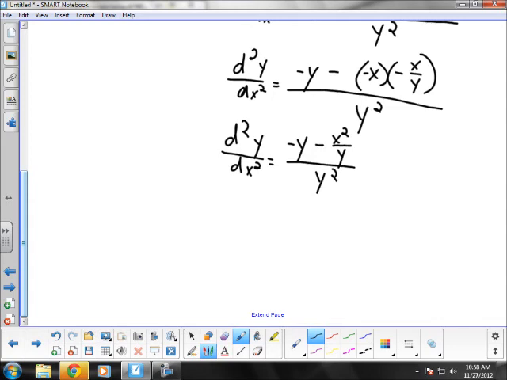So I need a common denominator. So that's going to become negative y squared over y minus x squared over y. We good with that? Gave it a common denominator.